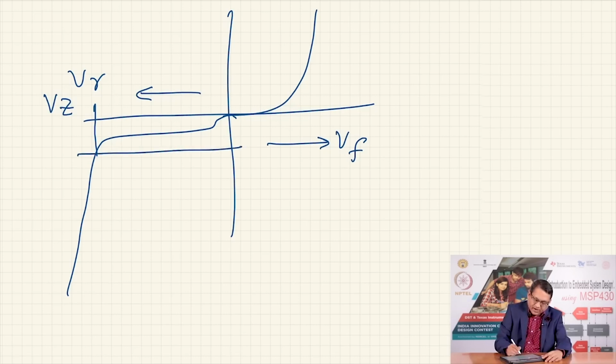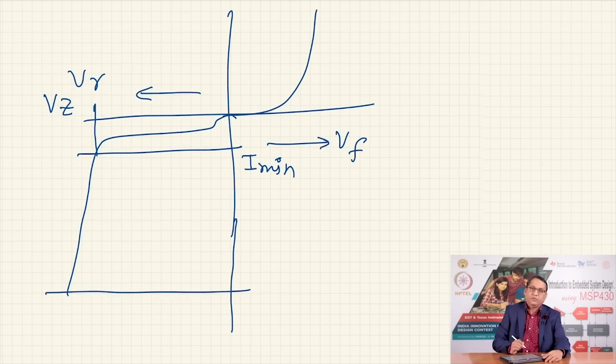This is the minimum current I min that must flow through the Zener diode for it to regulate the voltage, and based on the power dissipation characteristics of the diode, this could be the I max.